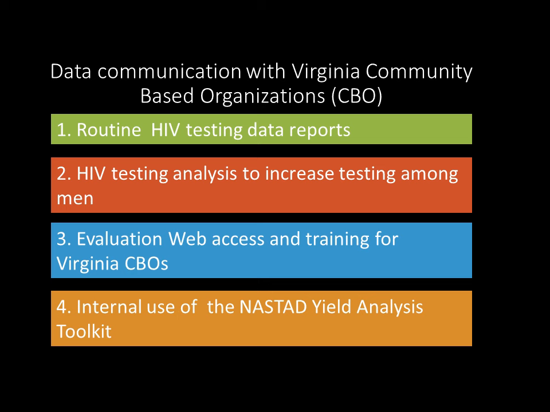We are working on helping our CBOs get access to Evaluation Web for the purpose of running reports, and we're also providing training on Evaluation Web. And unlike Iowa, all of our HIV testing data is entered by our central office staff. And lastly, I'll share just a few comments about how we're using the NASTAD Yield Analysis Toolkit, which was released in the summer.